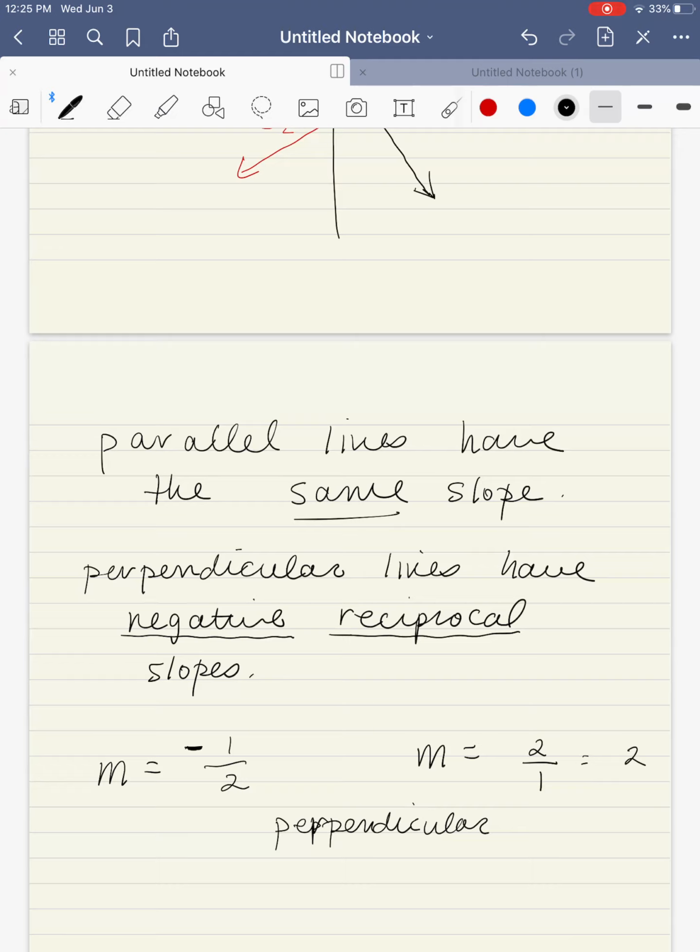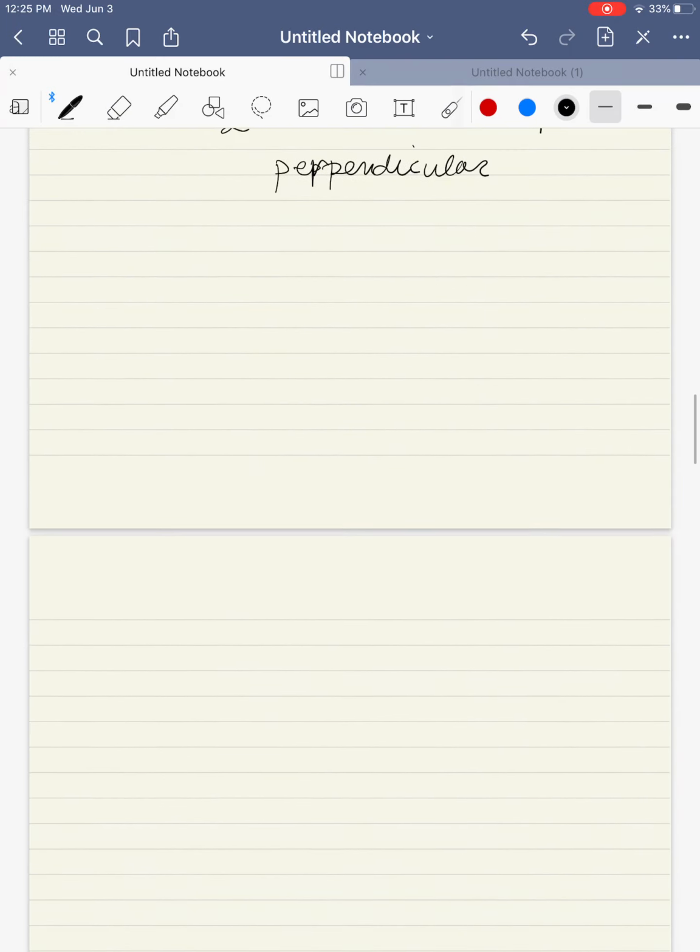But I'm also going to take the negative of the negative. So a negative of a negative is positive. So my slope of my perpendicular line would be positive 2. So when it says negative, it doesn't mean that the answer is negative. It just means that you're changing your sign.